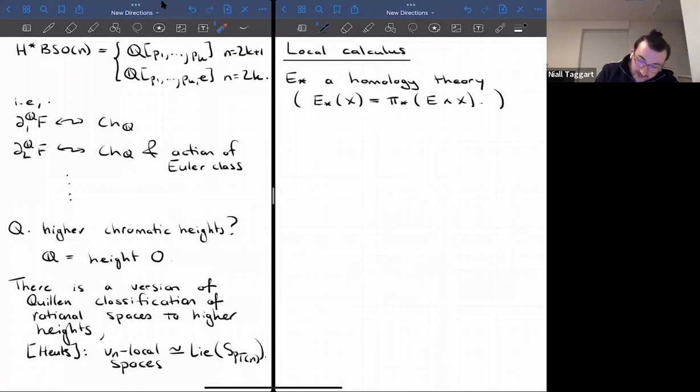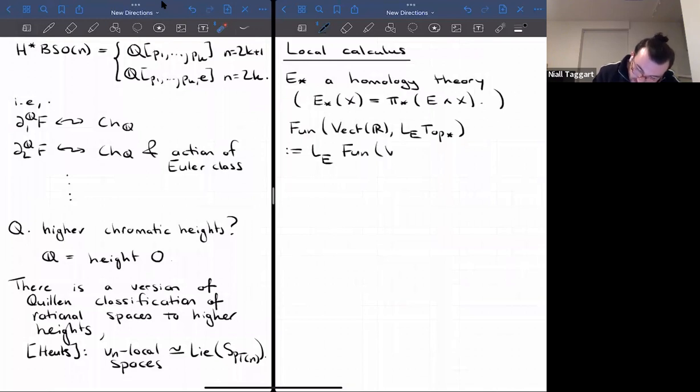And we're going to look at functors from vector spaces over R to E-local spaces. A model for this is a particular localization that depends just on the localization of spaces, from functors from vector spaces over R to spaces.